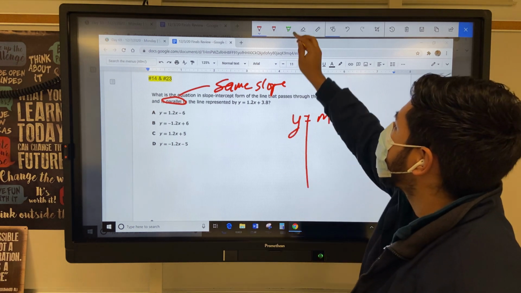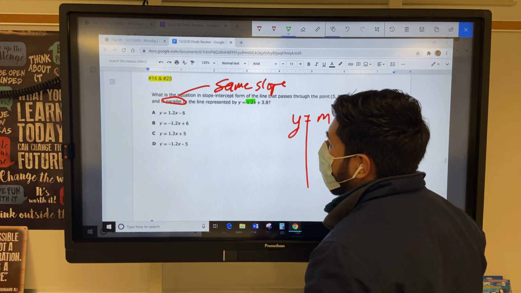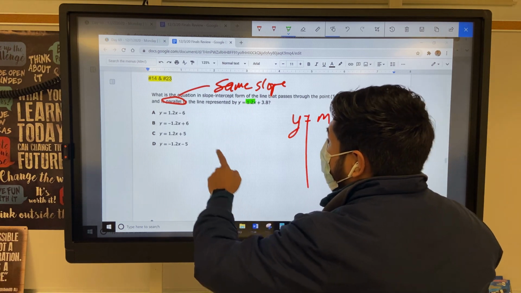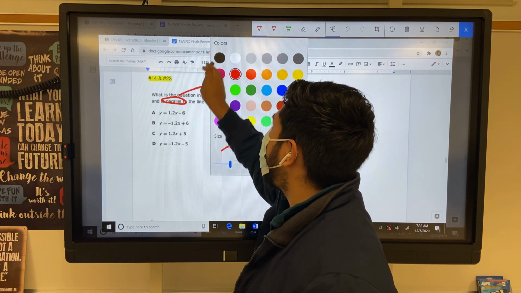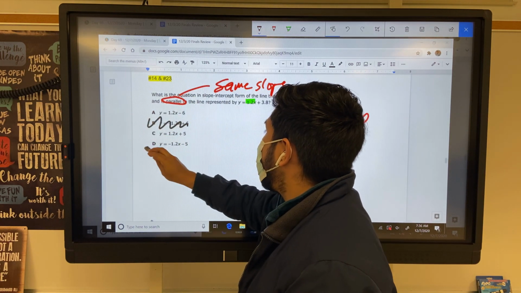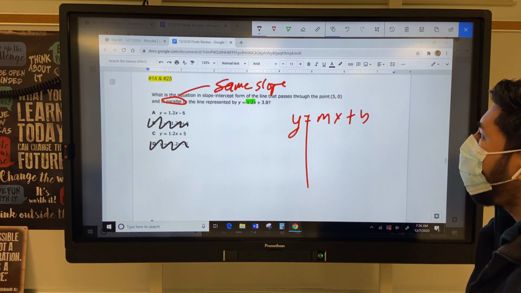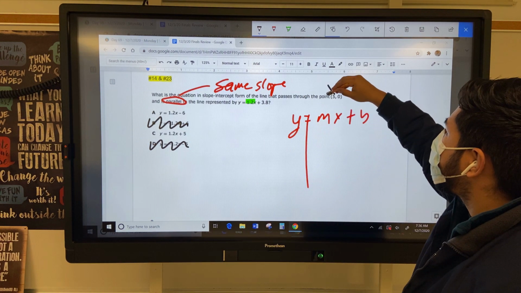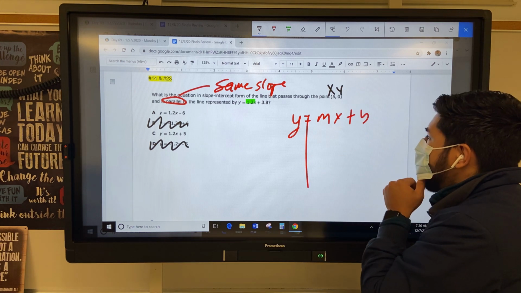Make sure you know your slope. Slope of this equation is 1.2x, not negative. So I can cross out the negatives. So it's either A or C. And make sure you label this is x and y, and then we start putting the good stuff in.